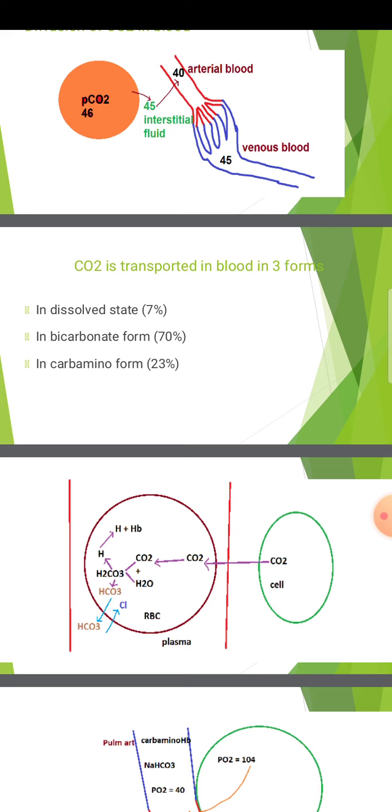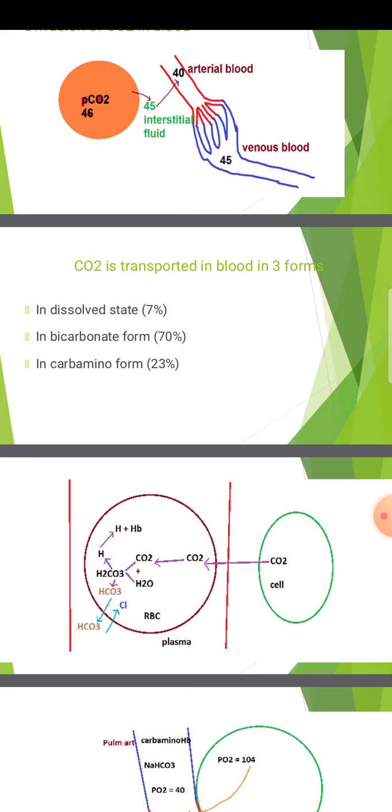A small portion of CO2, that is only 7%, is transported in the dissolved form. So if we see that at a PCO2 of 45 millimeter mercury in venous blood, we have 2.7 ml per deciliter of CO2, whereas the arterial blood has 2.4 ml at 40 millimeter mercury.